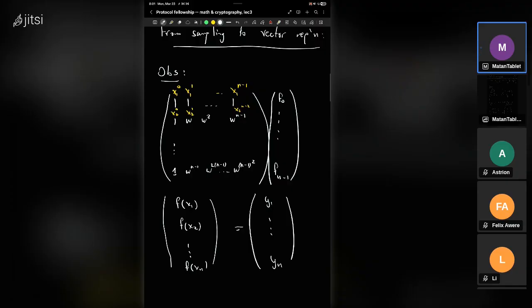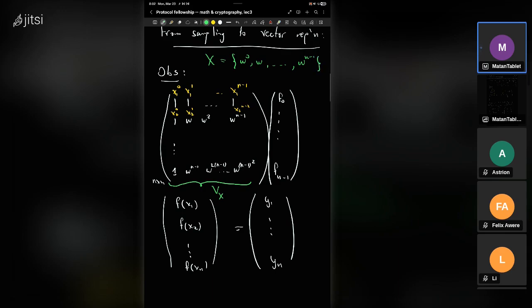Of course, this is an n by n matrix, and to do n by n matrix times a vector in a naive way would take you n square operations. This matrix is called the Vandermonde matrix of the sampling set X. The sampling set X is just all the powers of W: W0, W up to W n minus 1.